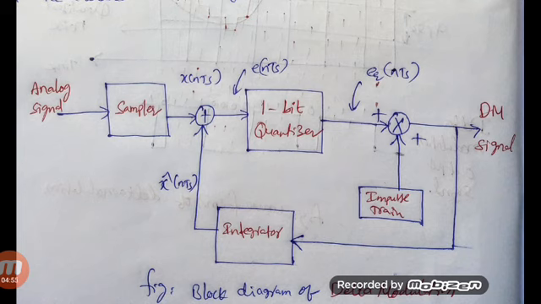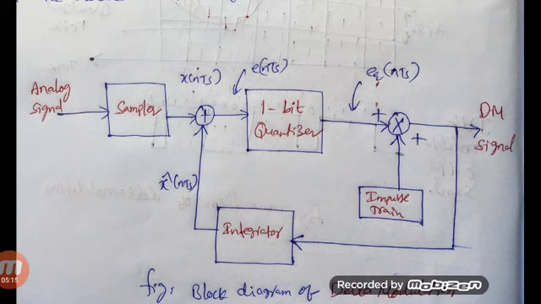It converts the total signal into equal intervals, or equally divided 1 bits. An integrator and impulse train are also used to balance the signals.